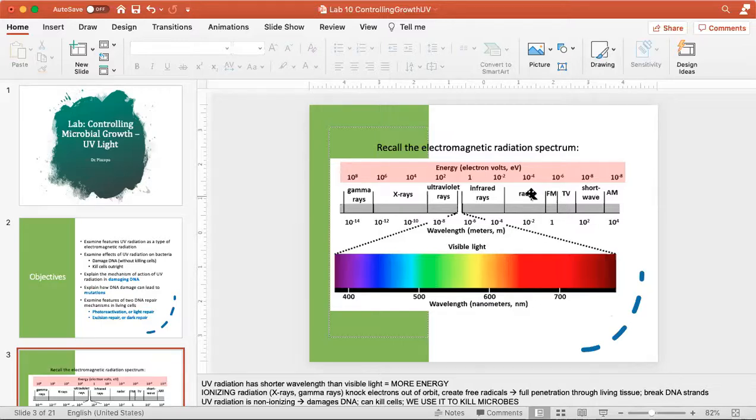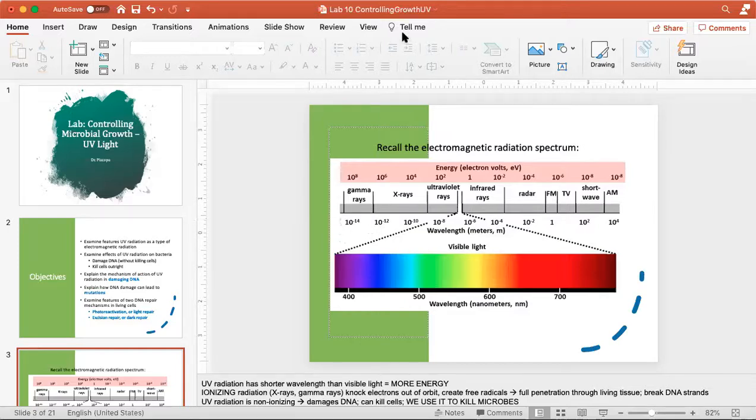So if we go to one end of this spectrum, where you can see gamma rays, you'll notice that gamma rays have the most energy, 10 to the 8th electron volts. And they also have the shortest wavelength, 10 to the minus 14th meters.